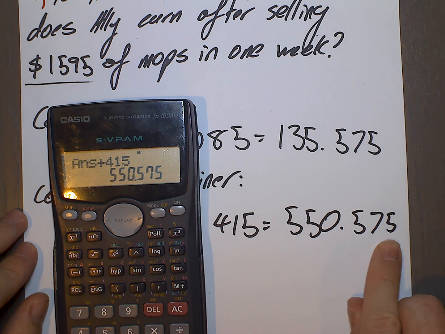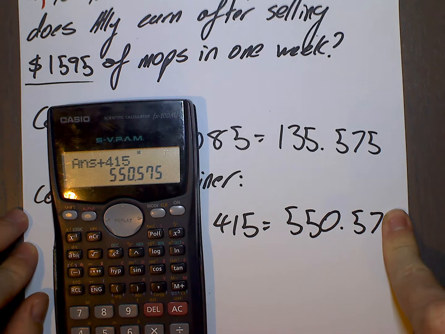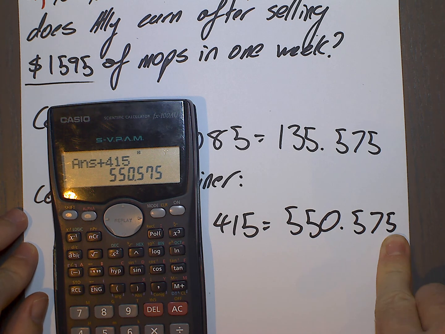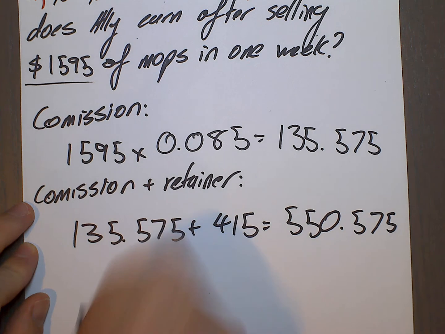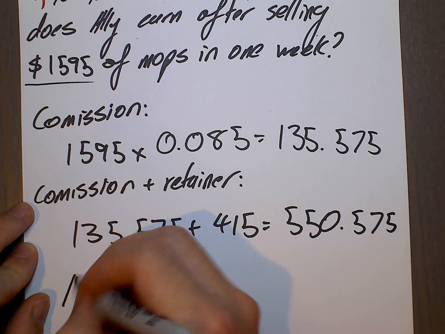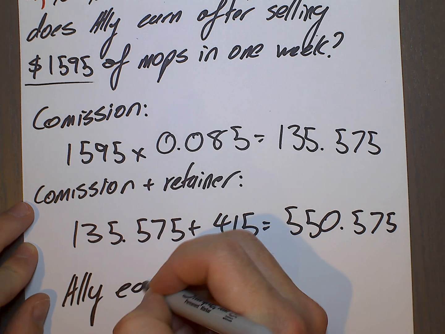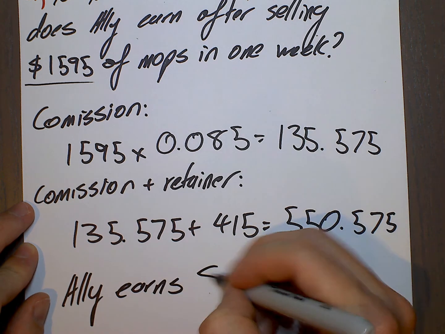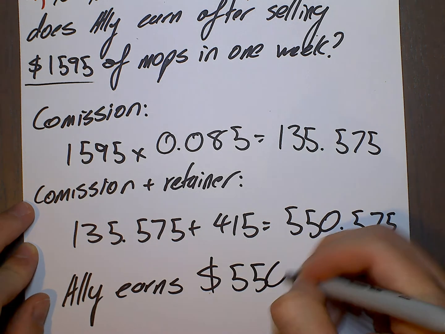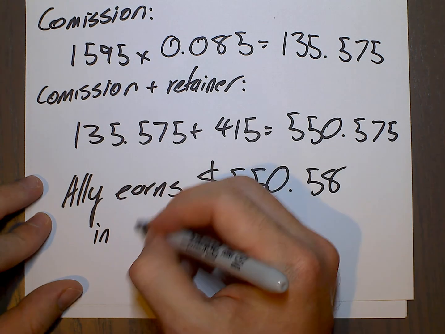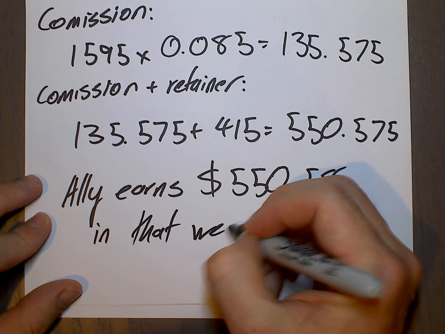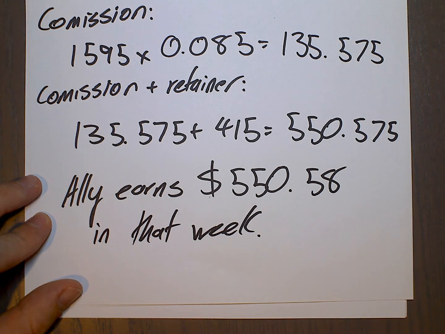Now we need to round that up if we're rounding decimals because it has to be to 2 decimal places. So because that is 5 and anything 5 and up rounds up, that becomes 58 cents. So Ali earns $550.58 in that week. Let's keep it short. Cool.